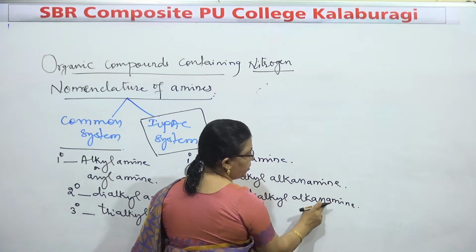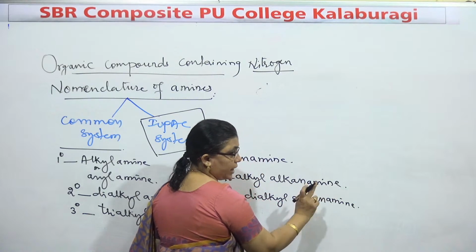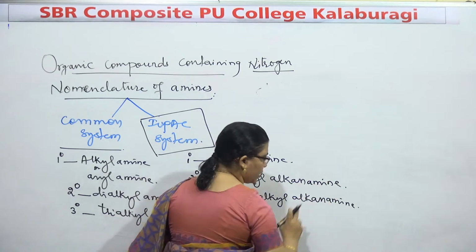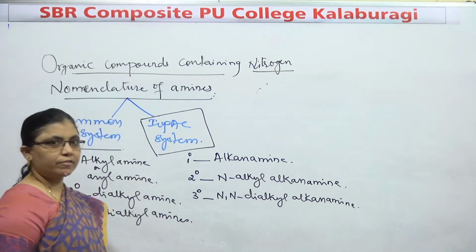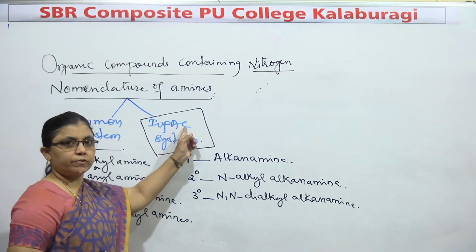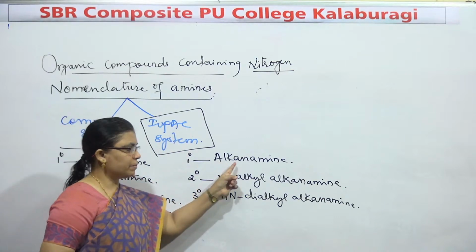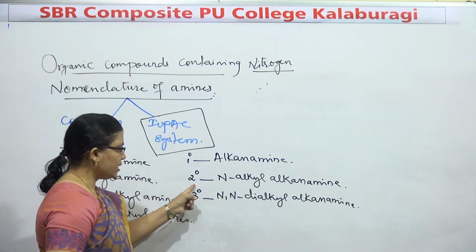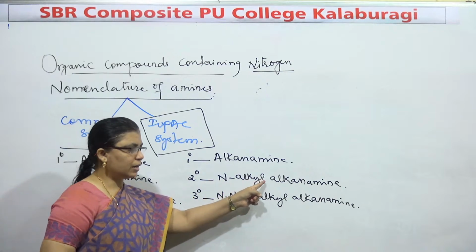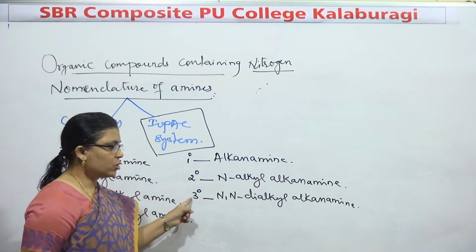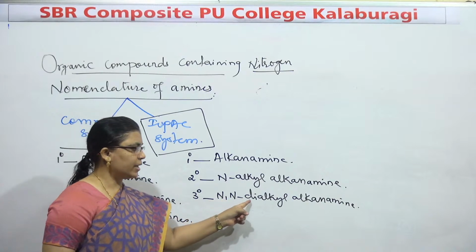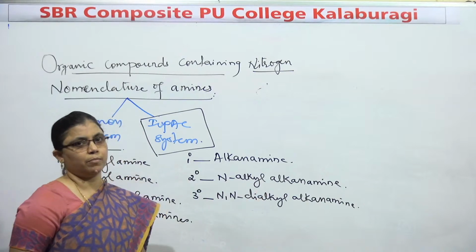No vowel should be repeated over here. That's why I don't write alkanamine with a repeated vowel; write it as alkanamine only. So according to the IUPAC system, primary amines are named as alkanamine, secondary amines as N-alkyl alkanamine, and tertiary amines as N,N-dialkyl alkanamine.